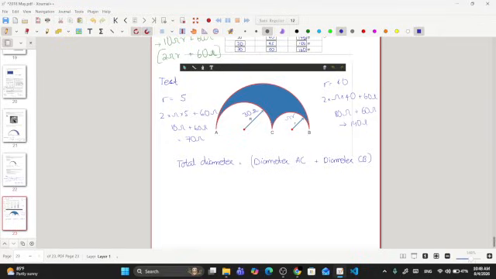Now, if you want to find the radius of the outer semicircle, half of the entire diameter is going to be the radius, of course. So how to find that radius?